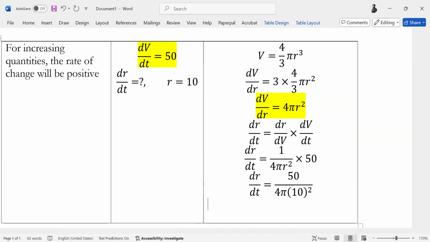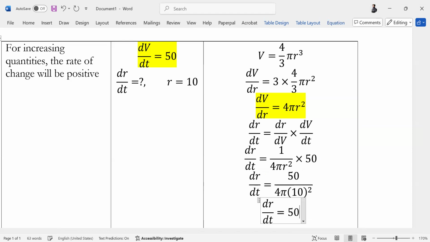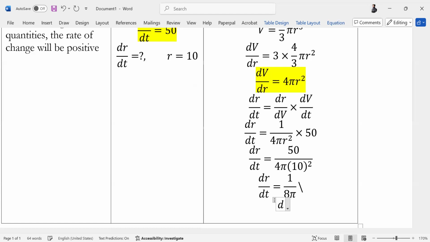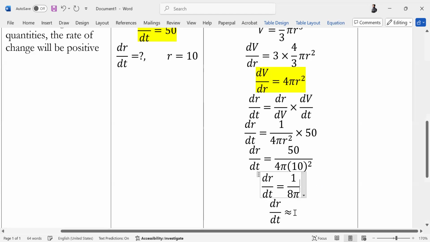So what is your exact value? पहले exact value बता दो. उसको simplify करो, 50 over 400 को. 1 over 8 pi. This is your exact value, and then obviously you can tell me the value correct to three significant figures. What is it?